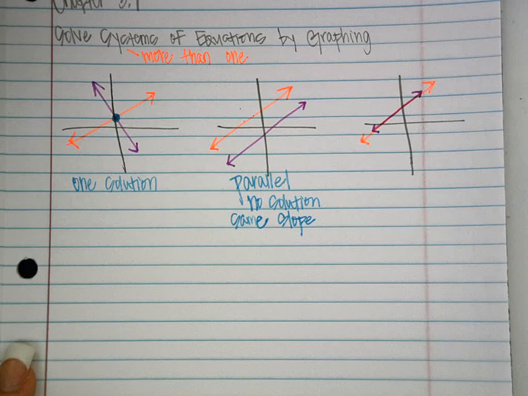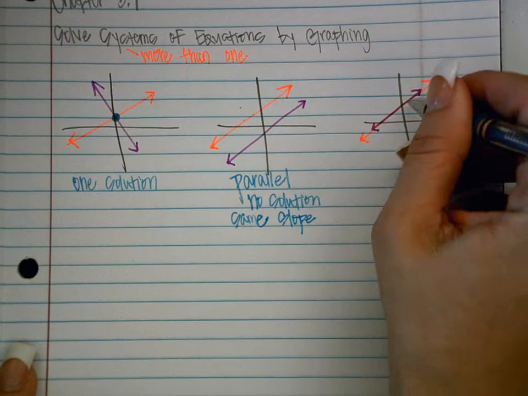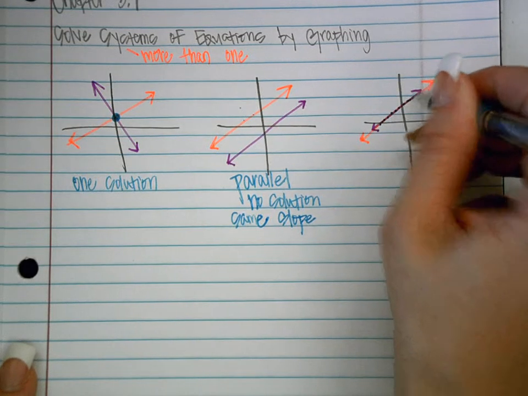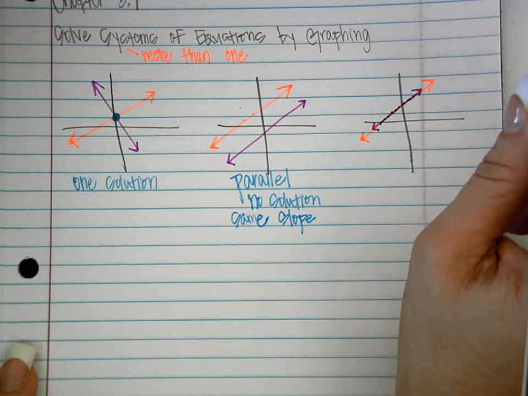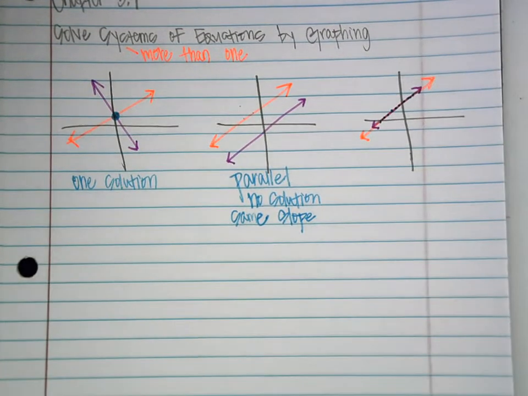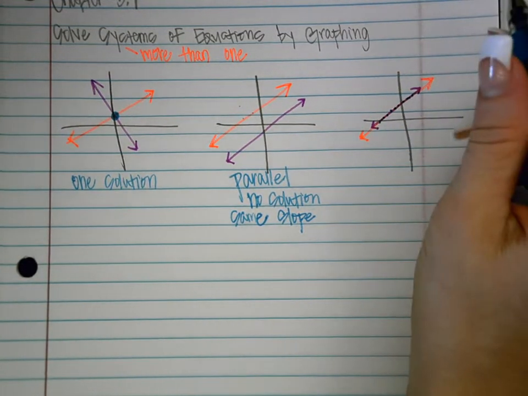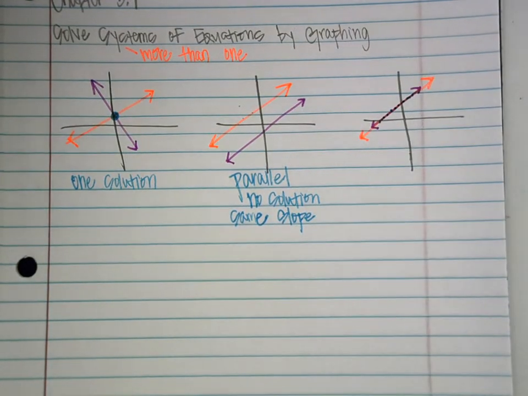How many places do they cross? Do they just cross at 2 places? No, they didn't cross at all. They're the same line. Even on a grid, if you have the exact same line on top of each other, it crosses in how many places?